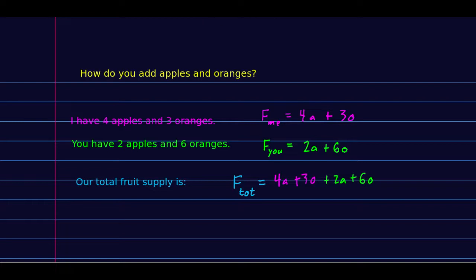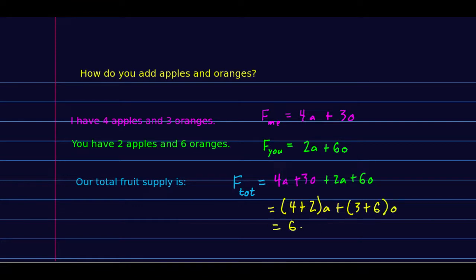And so that is just 4 plus 2 apples and 3 plus 6 oranges.